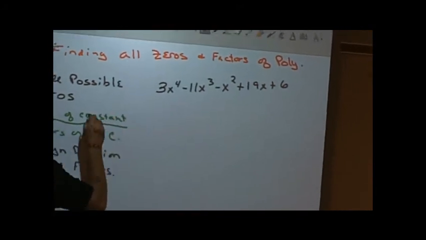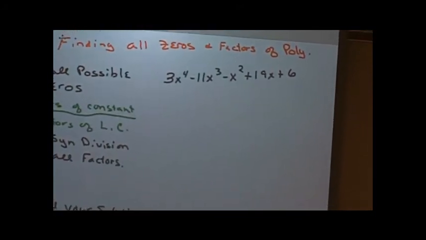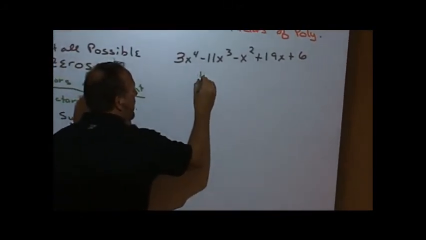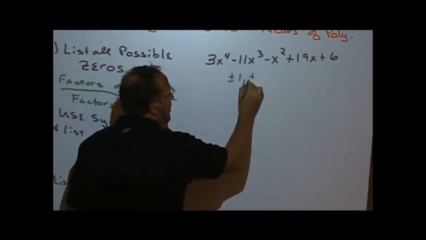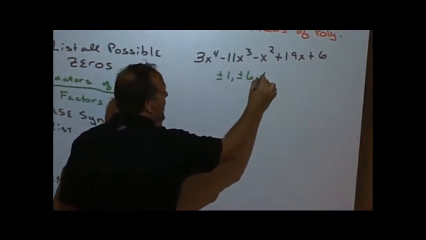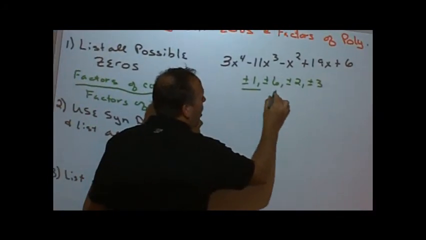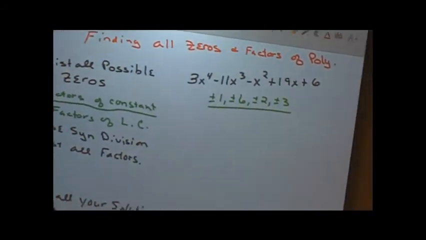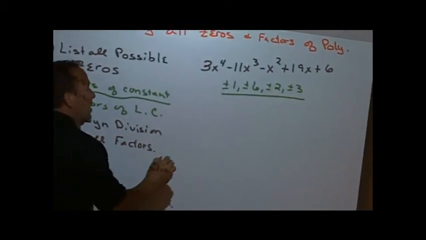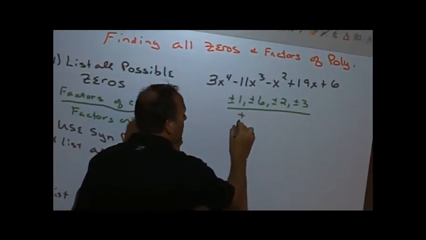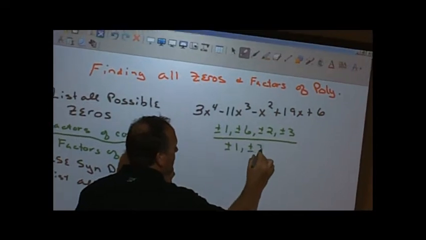Alright? So now, factors of my constant would be plus and minus 1, plus and minus 6, plus and minus 2, plus and minus 3, all divided by the factors of my leading coefficient, which would be 3. Plus and minus 1, plus and minus 3.